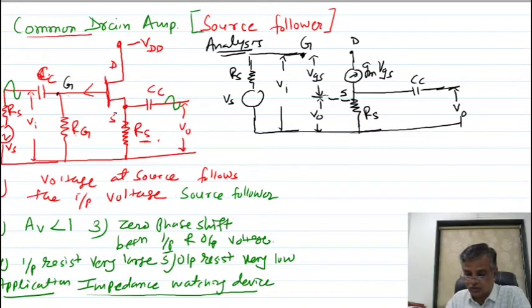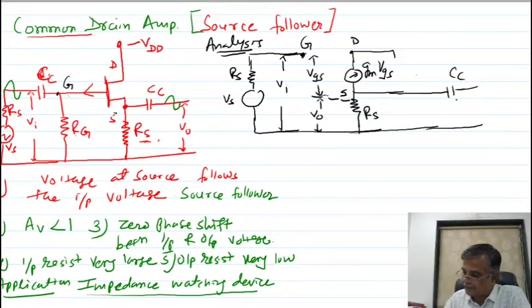For the current source, we already know that its resistance is always shown in what? Parallel. This is your RD.